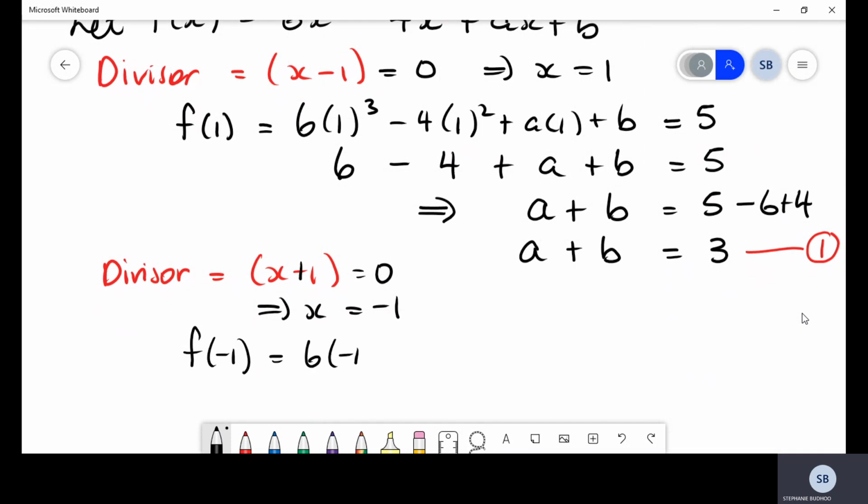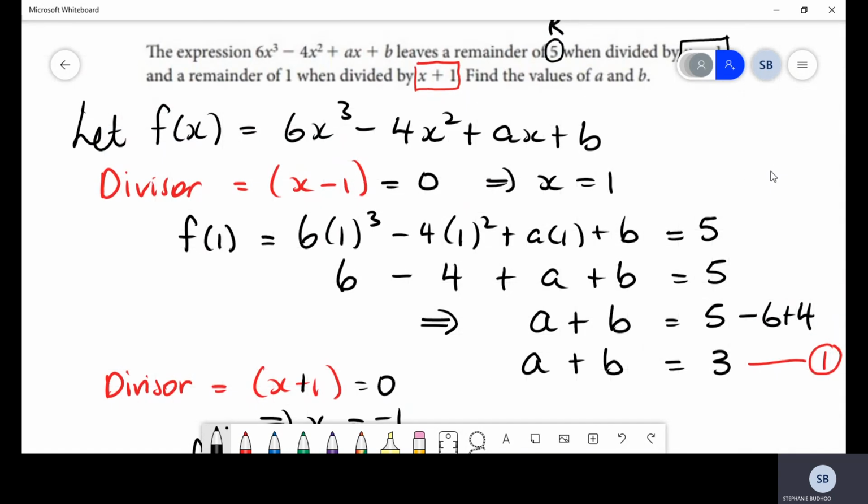Substituting into our polynomial gives us just a little bit of writing here. And of course, we are going to set this equal to whatever the remainder was in the question. They said when they are dividing by x plus 1, the remainder was 1.